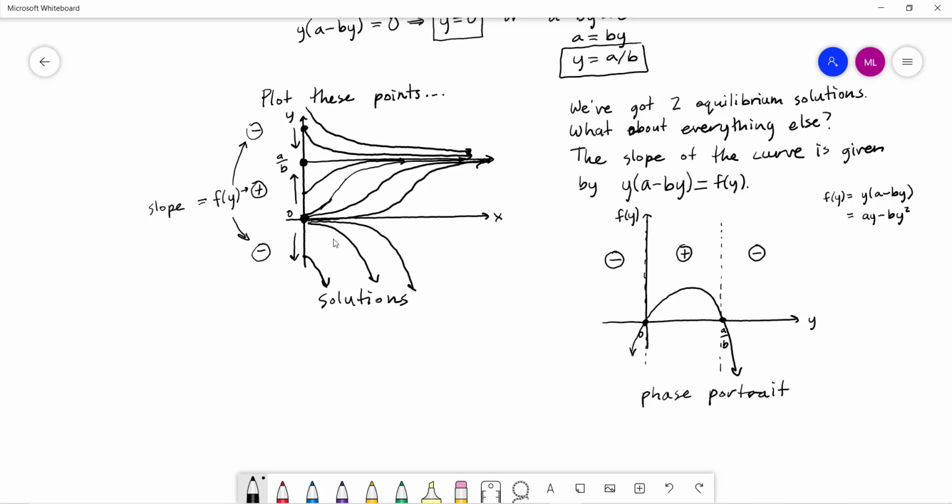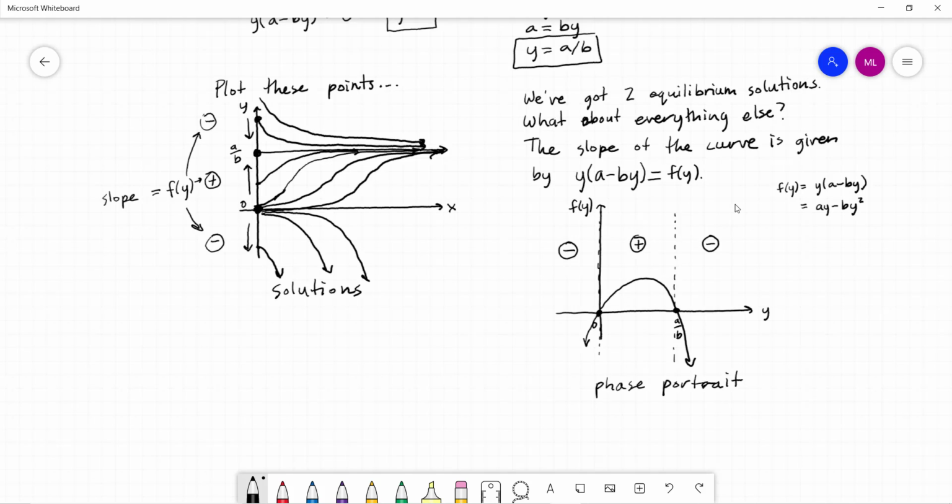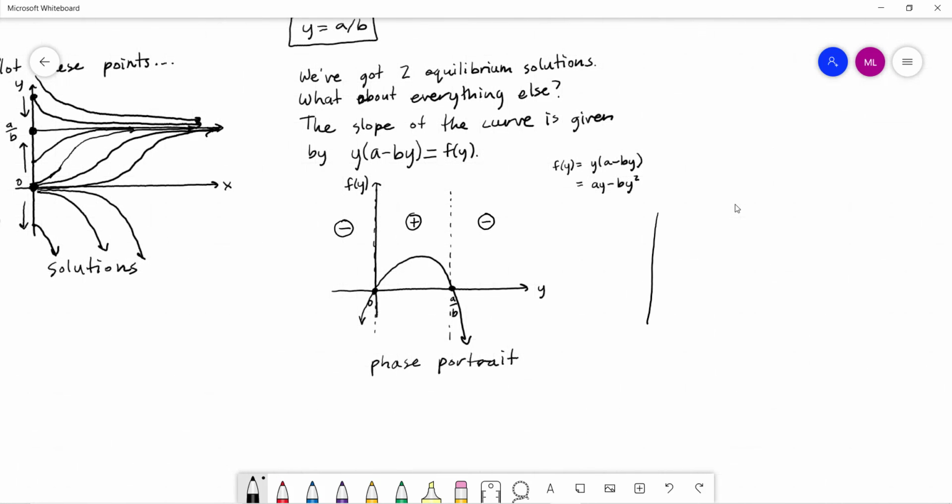Once you've seen a few of these, you know that equilibrium solutions kind of are going to separate regions of positive and negative behavior. And that's true over here, right? Whenever you have a 0 on a graph, the only possibilities are that you're either going from negative to positive, positive to negative, or it is possible, although rare, to have a situation where your function is positive, goes down to 0, and then goes back to positive.